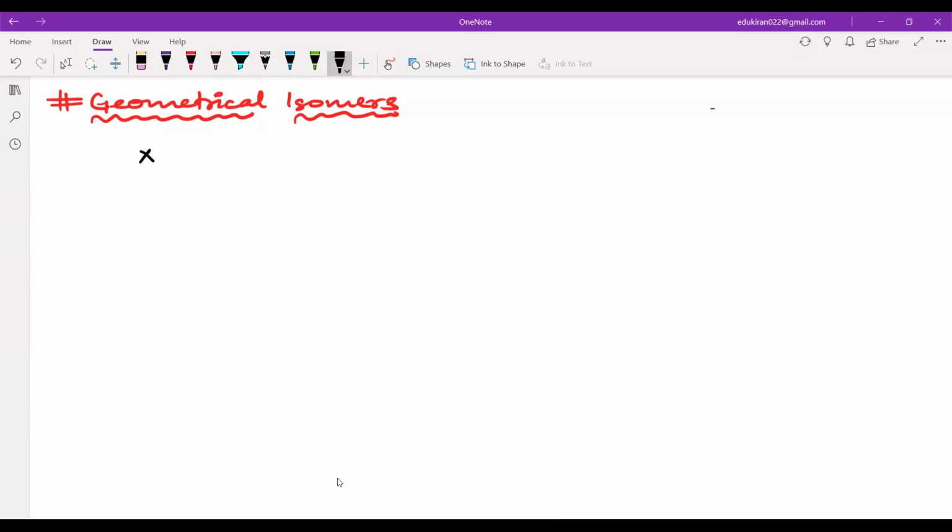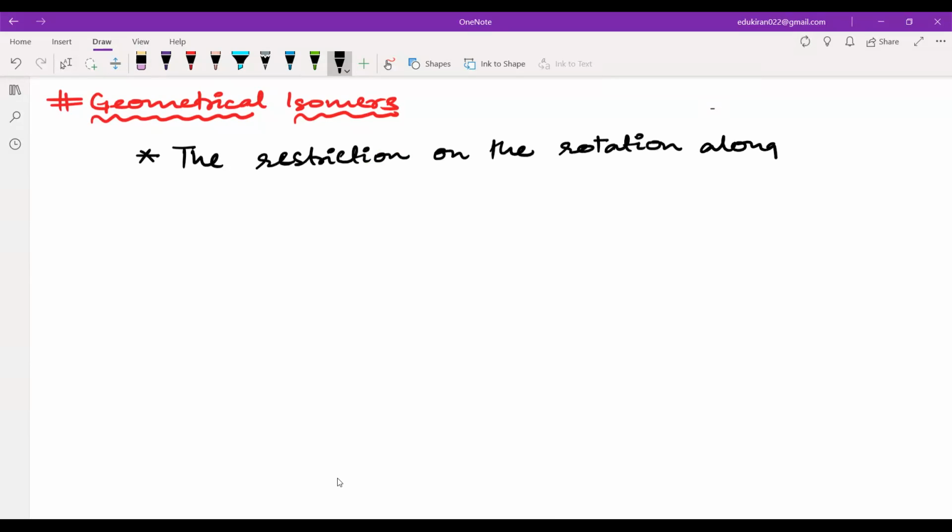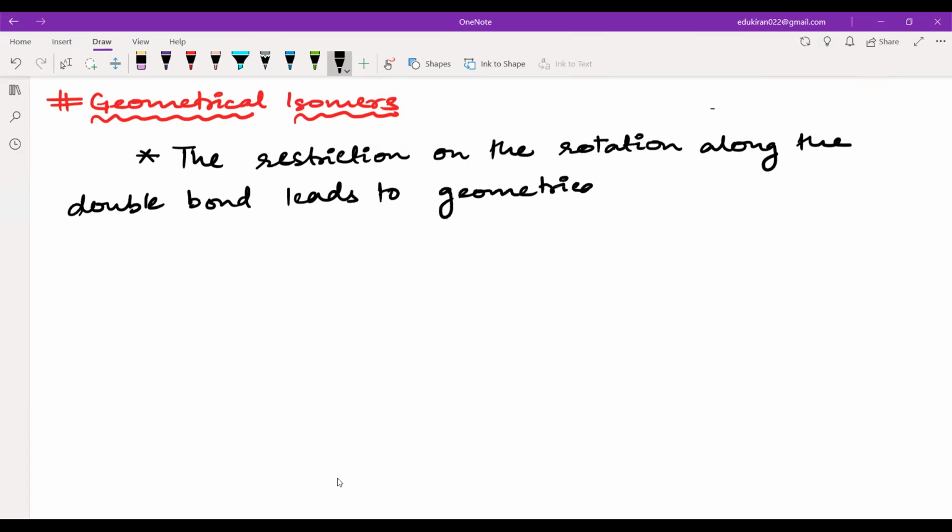The restriction on the rotation along the double bond leads to geometrical isomerism.